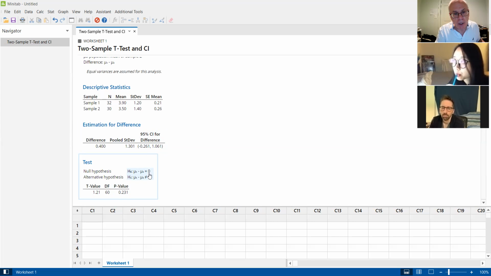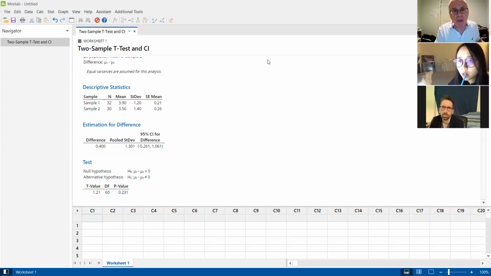All right. And that means do not reject. Also, the p-value is 0.231. No matter what we pick for alpha, typically we pick alpha to be 0.1 or less. This is bigger than alpha for all those cases. So in this, we're going to end up not rejecting the null hypothesis.